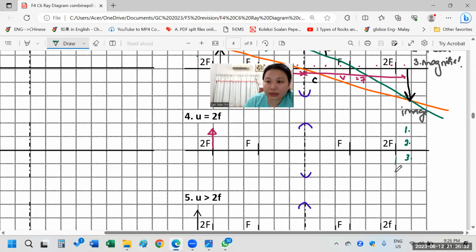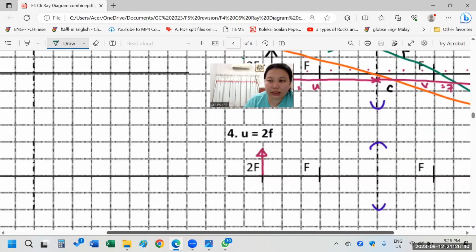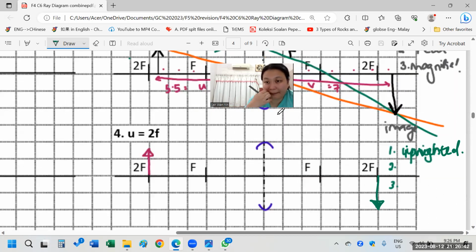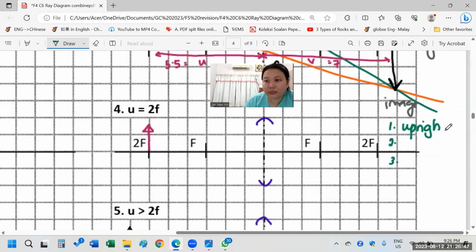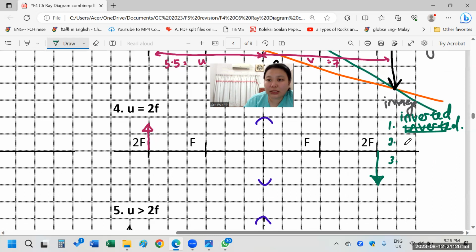Okay, so it's like this. Actually, it's inverted. They are opposite direction. It's inverted. Not upright, inverted. Then, since it's inverted, then it's real.